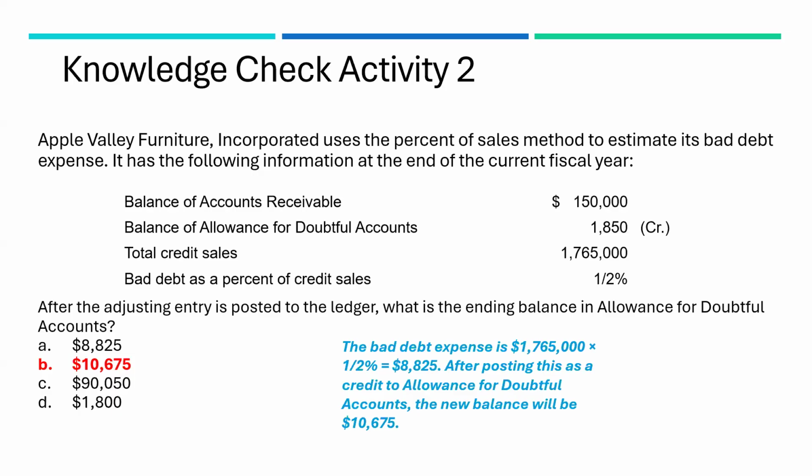And so that's what we debit to bad debt expense, and then that's the credit to allowance for doubtful accounts. And then after the adjusting entry is posted to a ledger, the ending balance is 10,675.